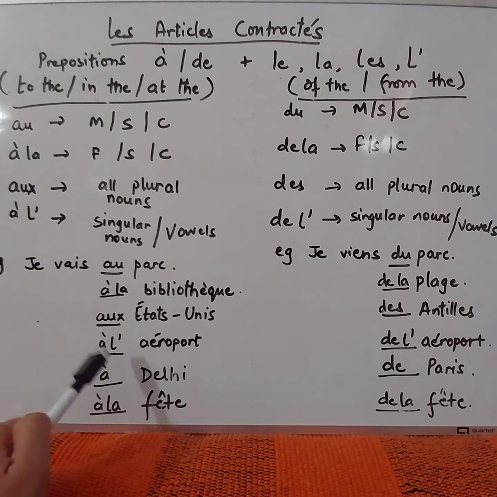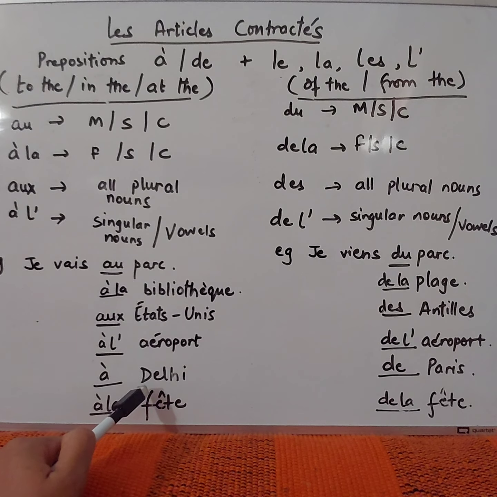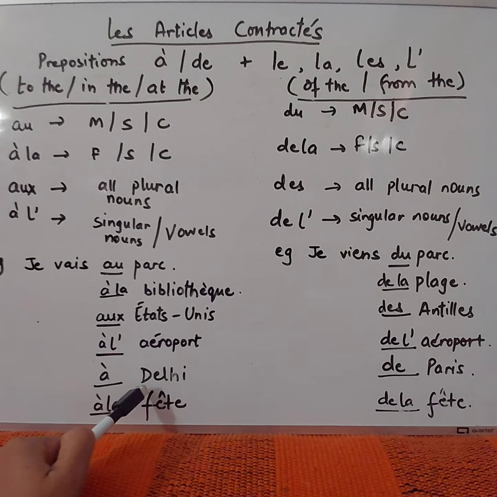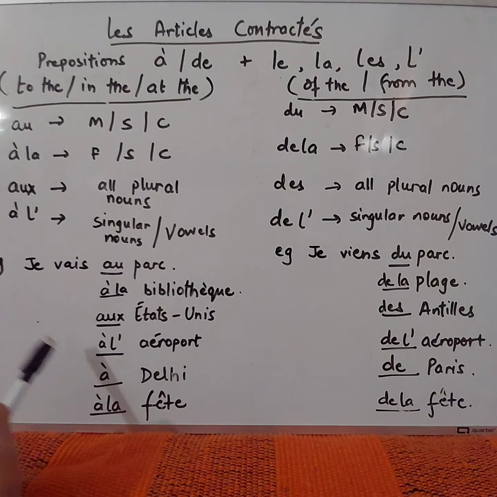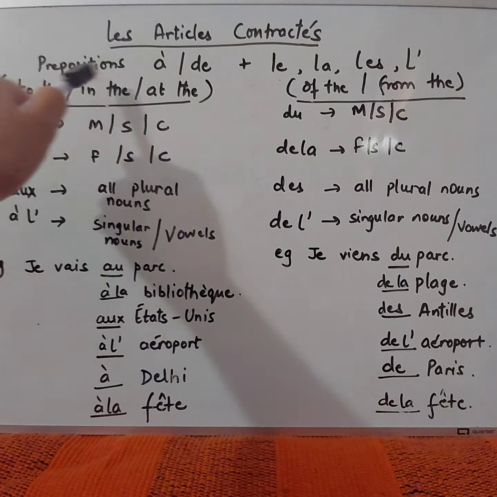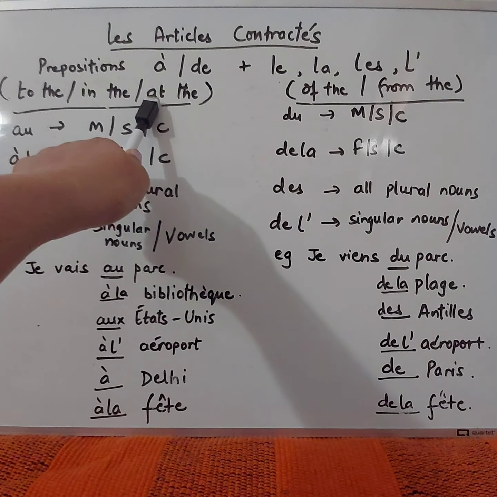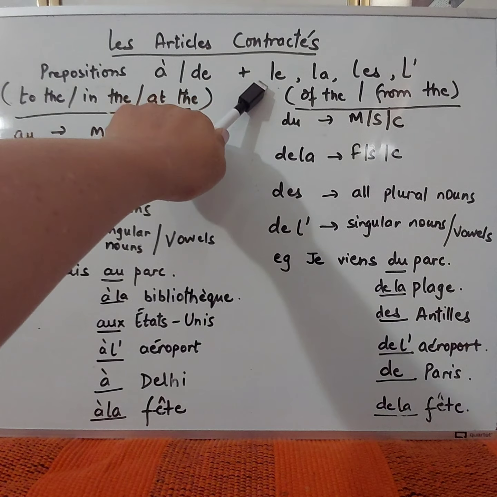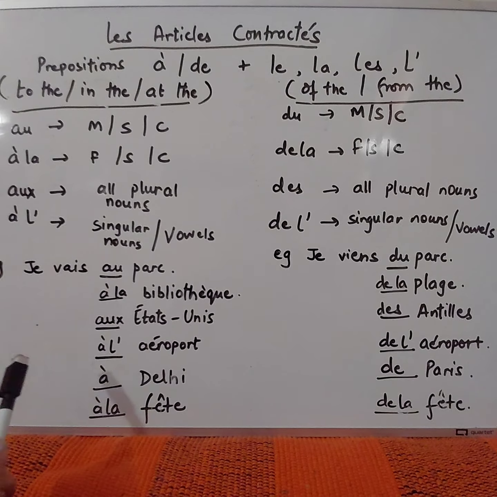I'll say je vais à Delhi. That means I'm going to Delhi. In English also I'll say I go to Delhi. Only to, right? So because à means to, in, or at, when we combine it with the definite articles le, la, les, l', only then we get these contracted articles.